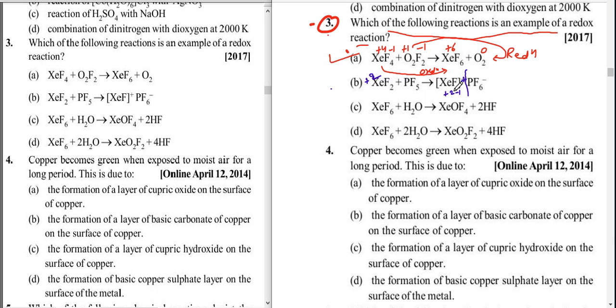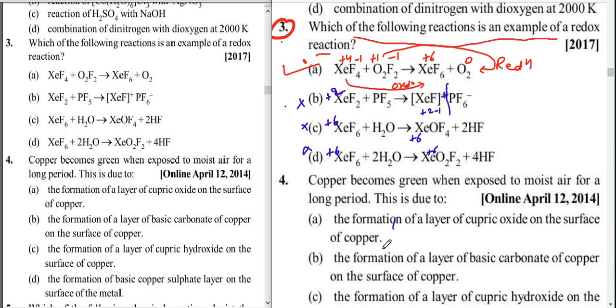Here plus 1 is there. So it is not redox. Here xenon plus 6. Here xenon minus 4 minus 2, that means here also plus 6. So xenon here plus 6, here also plus 6. So it's wrong. A is the answer.